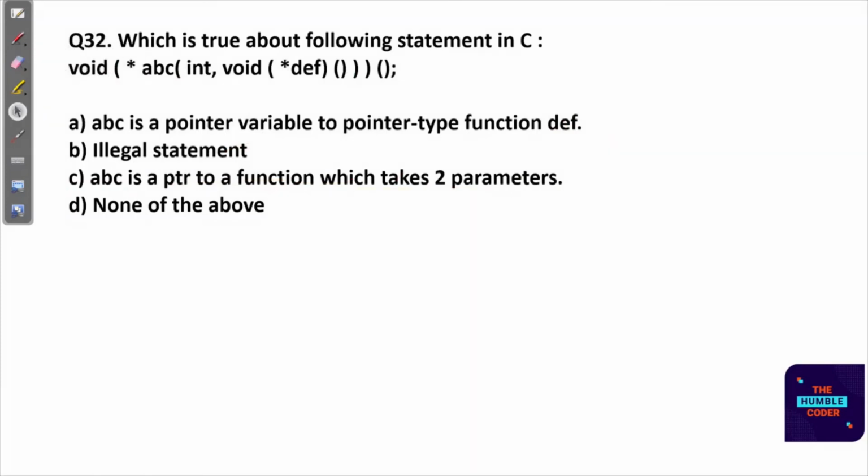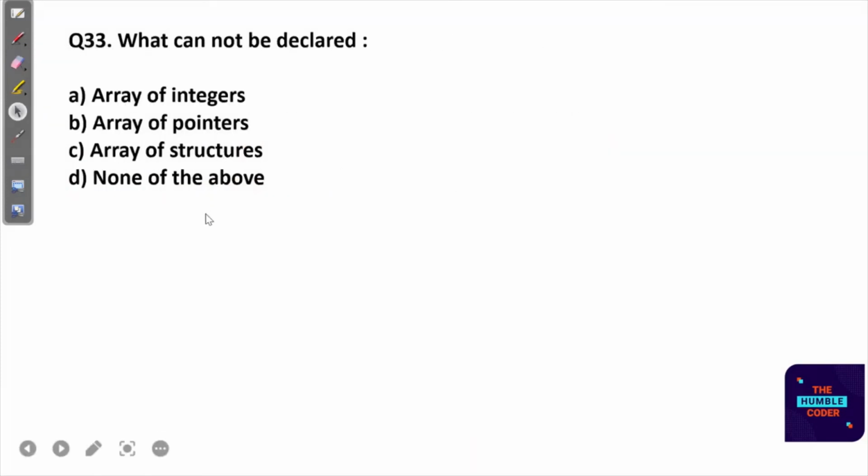So moving on to the next one, the next is what cannot be declared. The four options are array of integers, array of pointers, array of structures, or none of the above. So the one which cannot be declared is none of the above, because all the others can be declared.